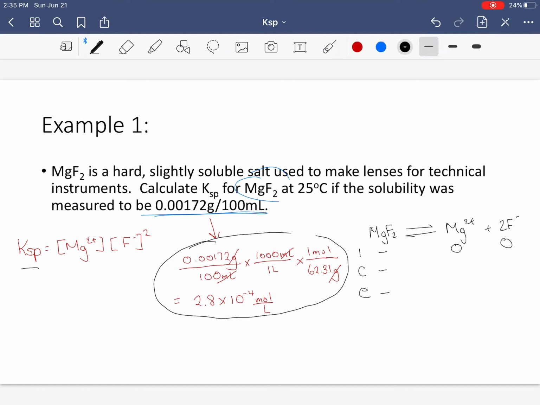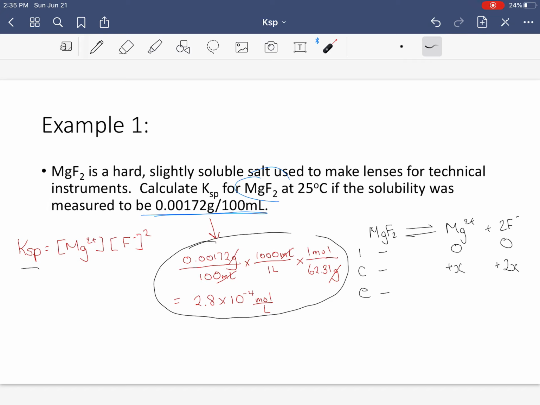However, initially these guys are not really there. Now, we know how to do an ICE table, right? The change is based on the coefficient. So that will be positive x because this is 1, and this will be positive 2x due to the fact that this is 2.